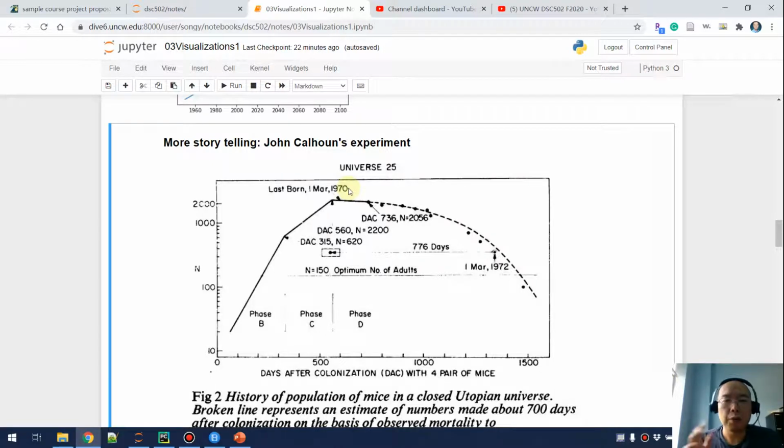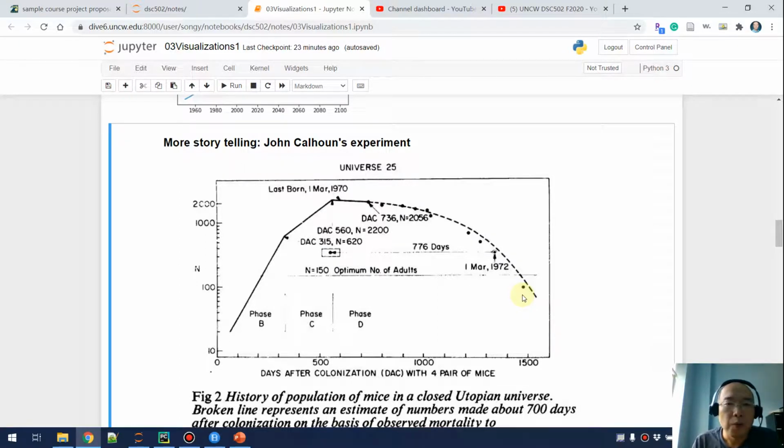If you put it back to the normal scale, I would say this trend still grows like crazy at that time. But anyhow, at a certain point, the population of the mice started to decrease and decrease and decrease. It was scary because the area was so crowded, and some culture started to develop, and the mice just lost interest in having babies.